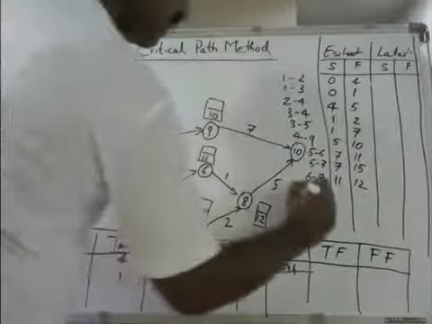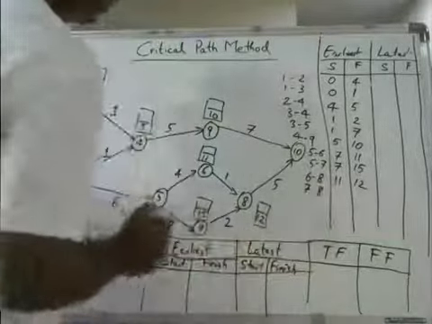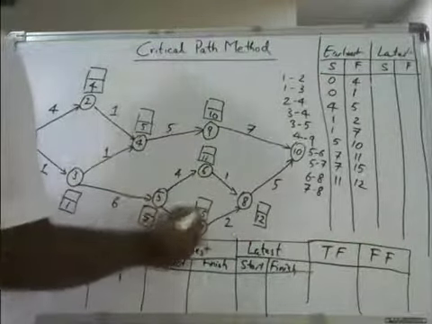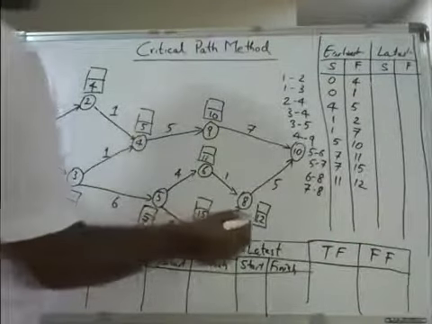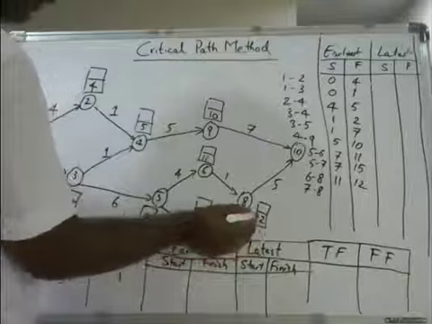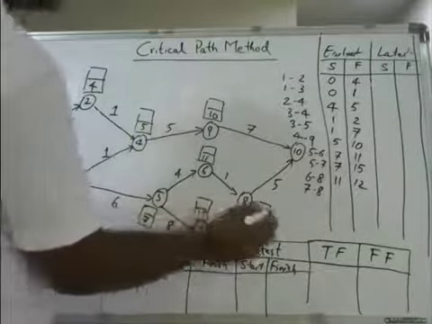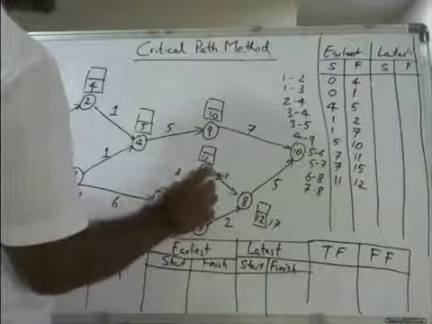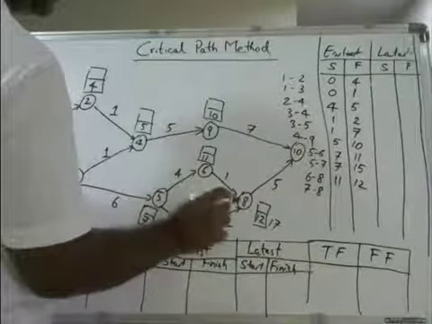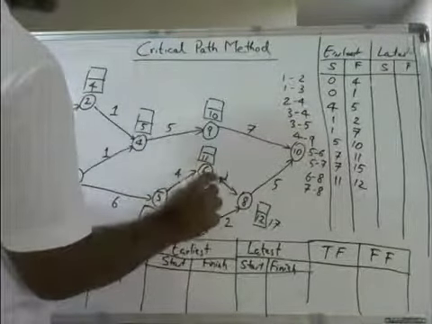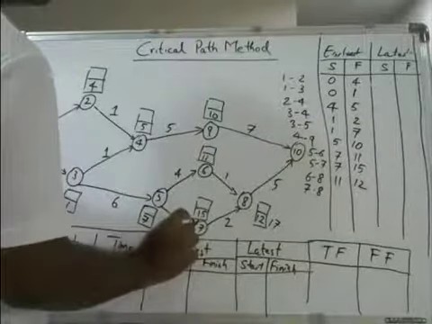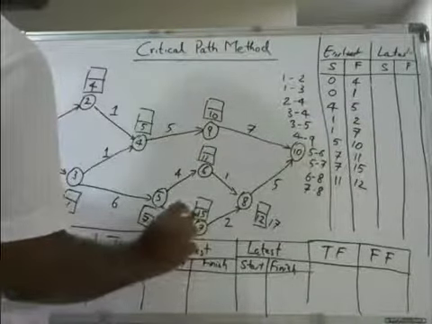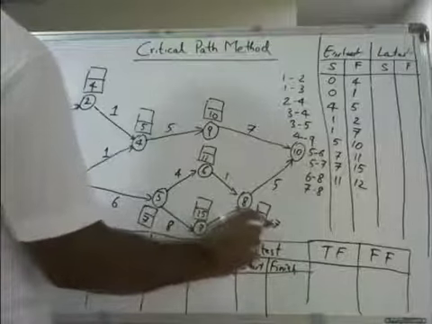Then 7 to 8 starts with 15, ends with 17. Now here there are two figures. If you come from 6 to 8, it is 11 plus 1, that is 12. From 7 to 8, it is 15 plus 2, which is 17.